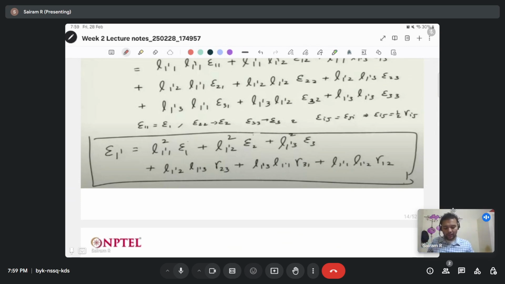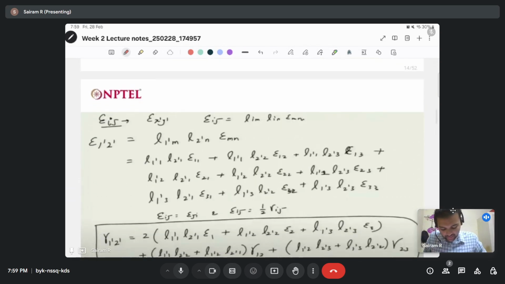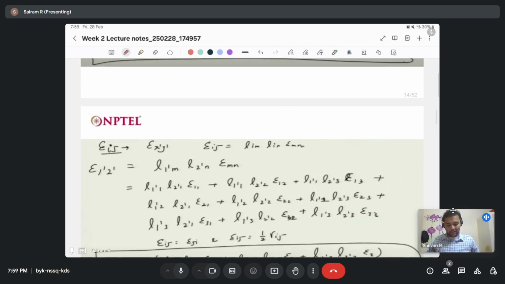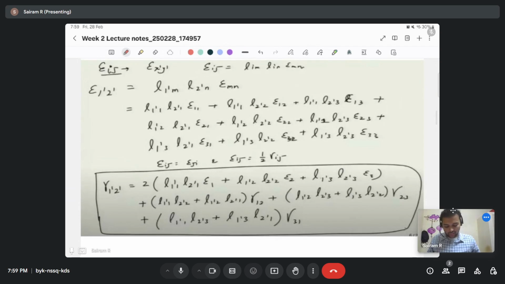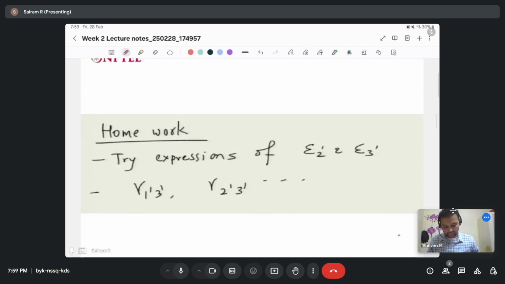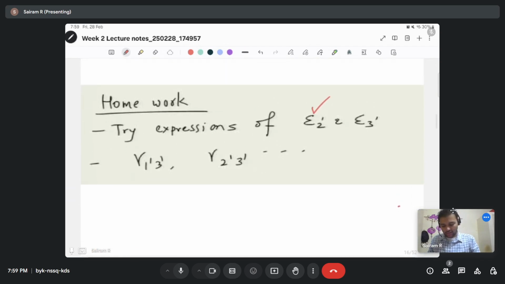So we have 1 2 3 4 5 6, 6 terms over here, and even in our equations we have the same 6 terms. So we were able to find out the expression for epsilon 2'. Amazing.